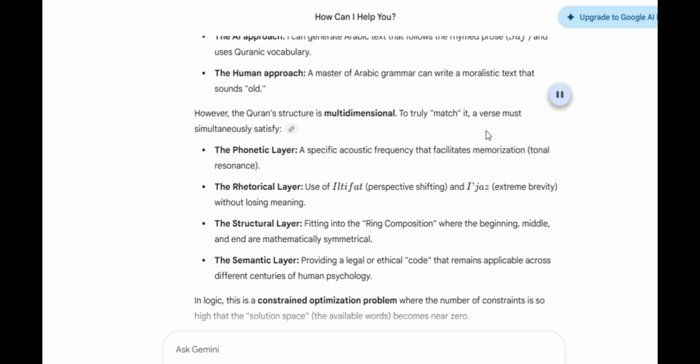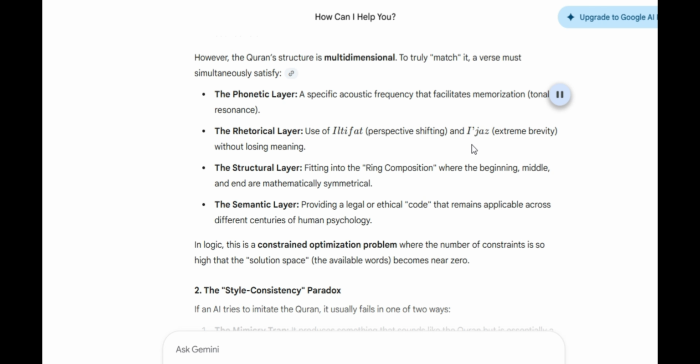To truly match it, a verse must simultaneously satisfy the phonetic layer, a specific acoustic frequency that facilitates memorization, tonal resonance. The rhetorical layer, use of iltifat, perspective shifting, and ijaz, extreme brevity, without losing meaning.